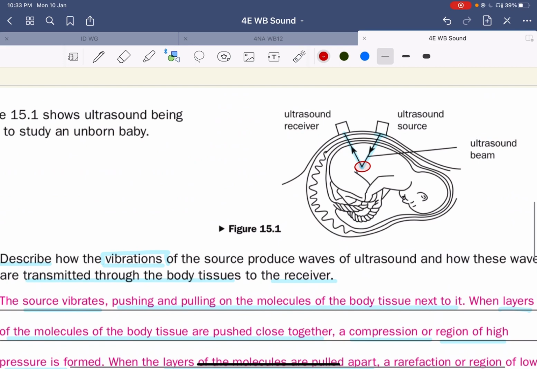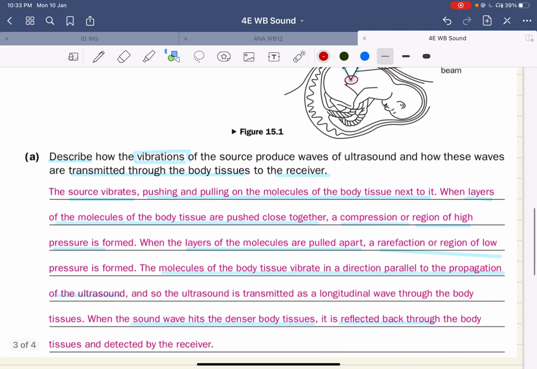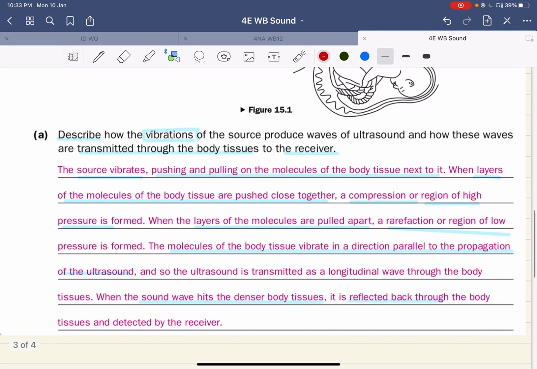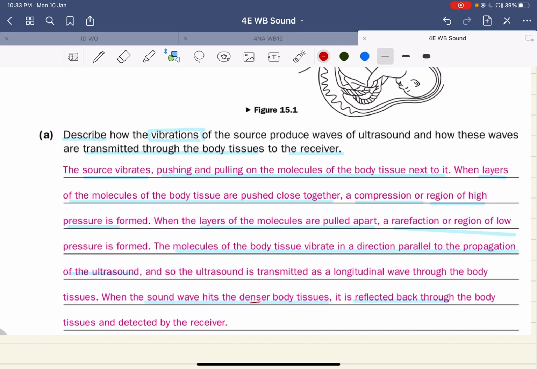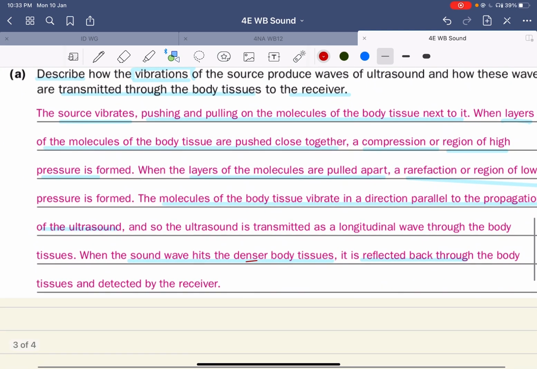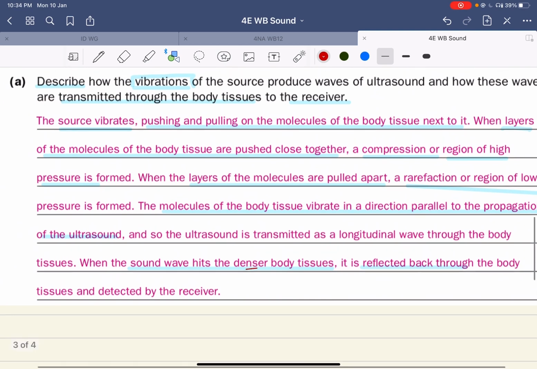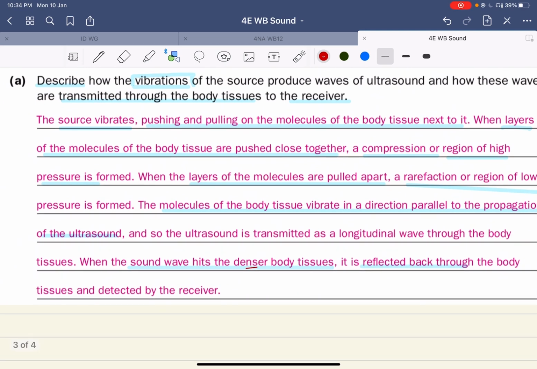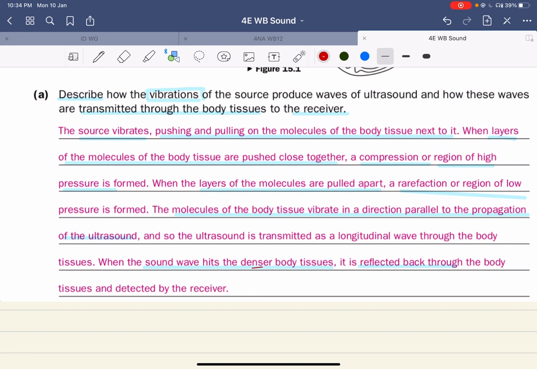You have to think about why it reflects, which relates to the denser body tissue. Having an idea about what the ultrasound picks up, you will remember that it's a picture of denser materials like bones, outlines of the bones, the skull inside the head, and so on.